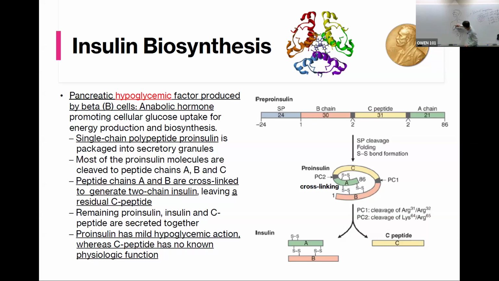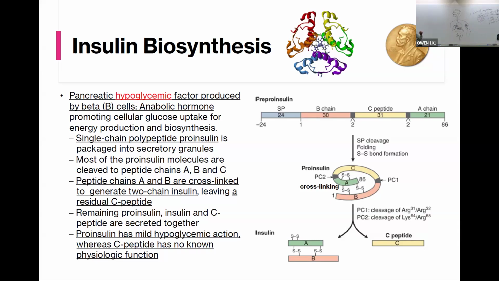What does it do in the liver? Yes, it basically asks the liver to take up glucose, and then convert the glucose into glycogen. When you have a lot of glucose, it will be converted into glycogen.